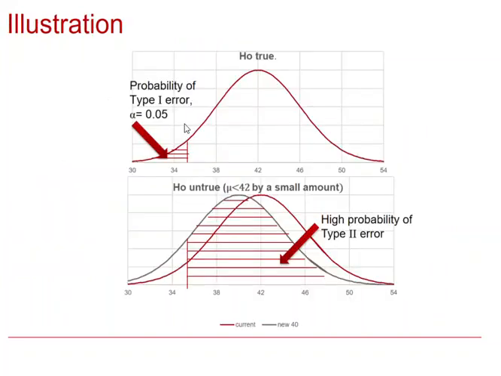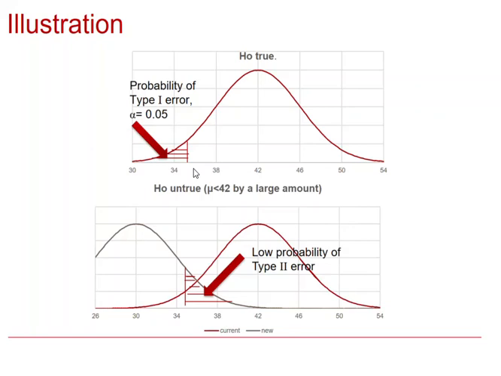So here we have identified the probability of making a type 1 error, and we are, remember, assuming the null hypothesis is true, and here I've said the mean time for cure is 42 days. And if we have a look down here at the probability of making a type 2 error, and in this case I have selected an alternative scenario where the mean for the new treatment is not very different from 42, and you can see there's a very high probability of making a type 2 error in that case.